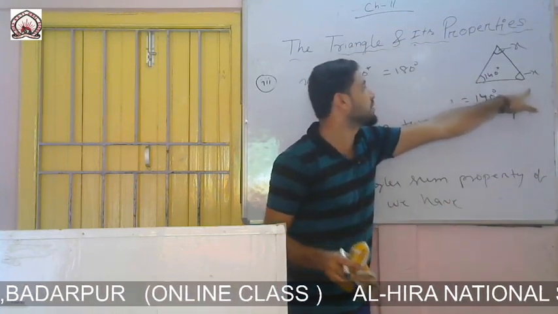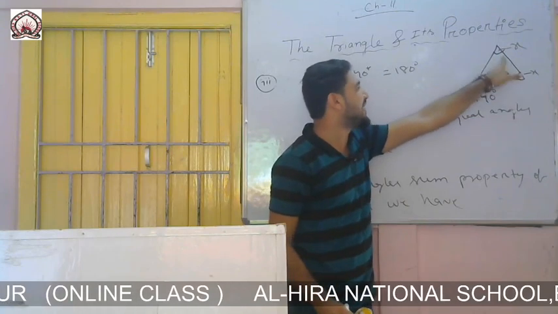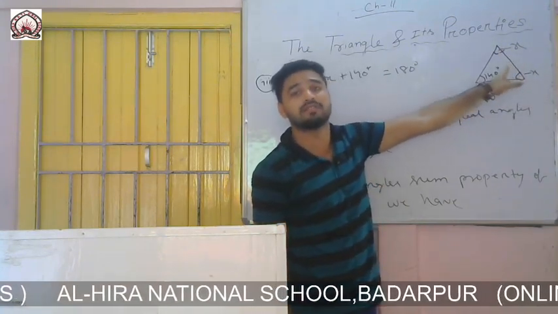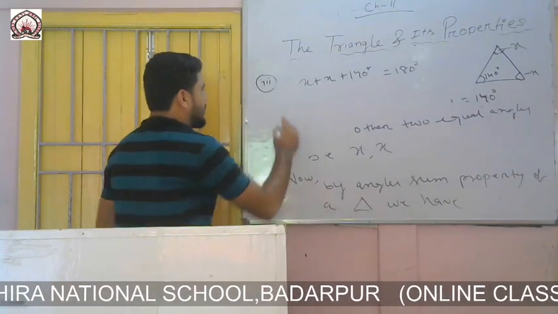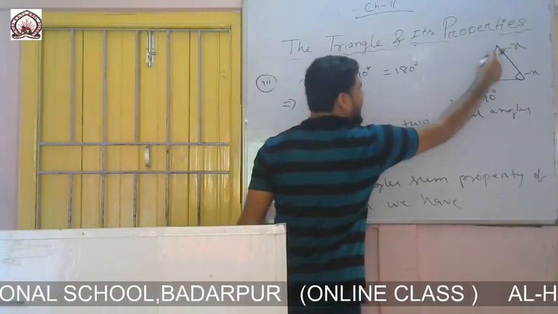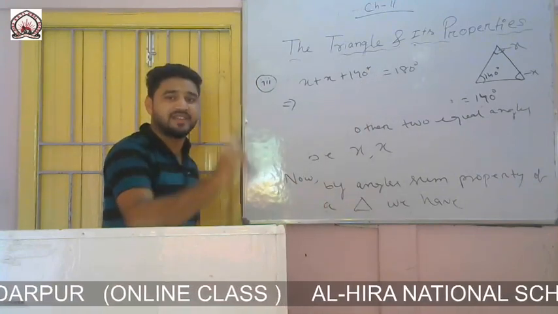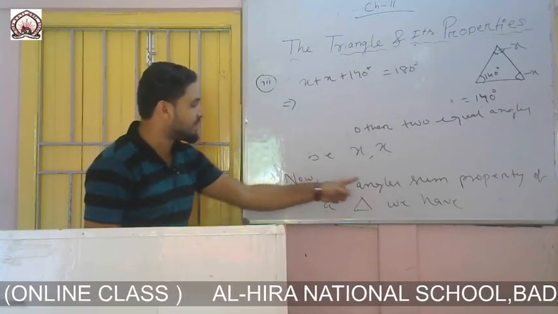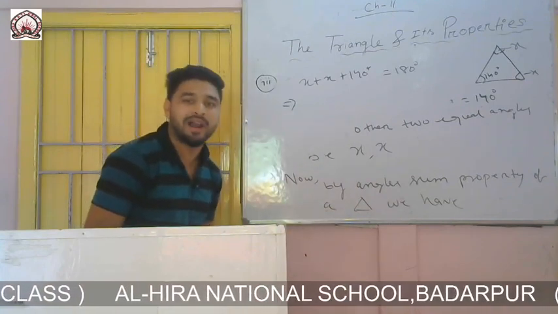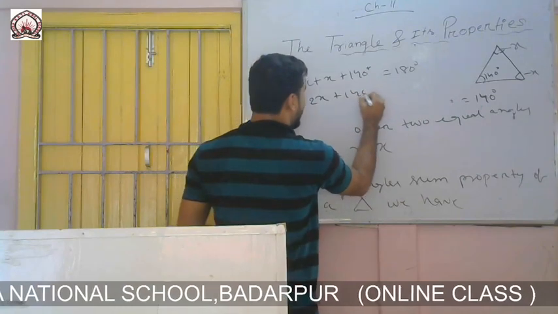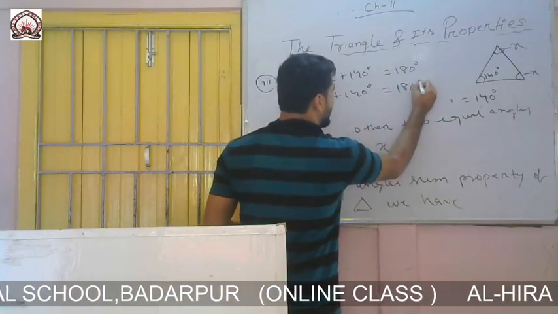Because the two angles are equal. If I let one be x, then the other will also become x, because the two angles are equal. So if I add the three angles, then we will get 180 degree, because the angle sum property of a triangle is 180 degree. So from here I can write twice x plus 140 degree equals 180 degree.